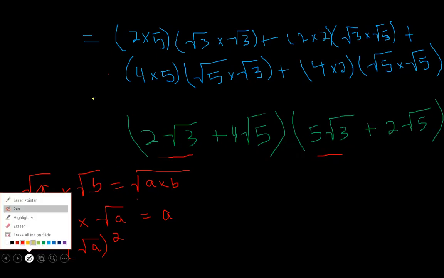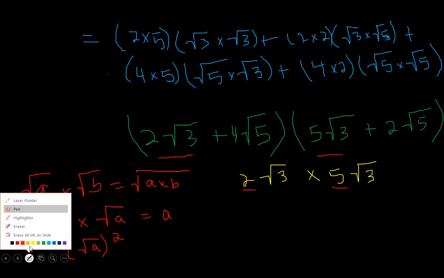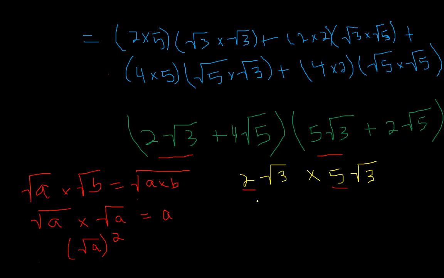So now looking at this, we said we'll multiply 2 root 3 by 5 root 3. We said that these constants here, this 2 and this 5, they multiply like usual. So I could put in brackets here, 2 times 5.